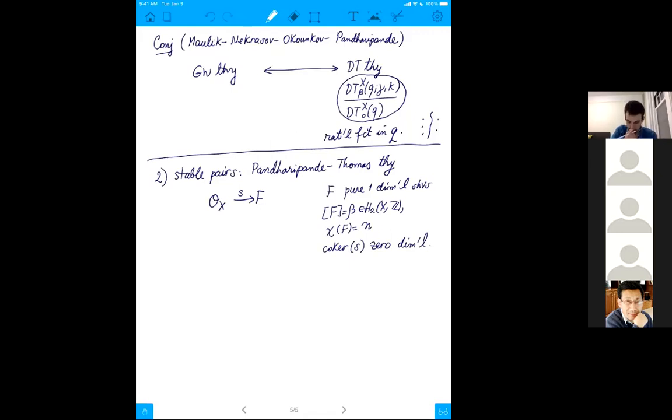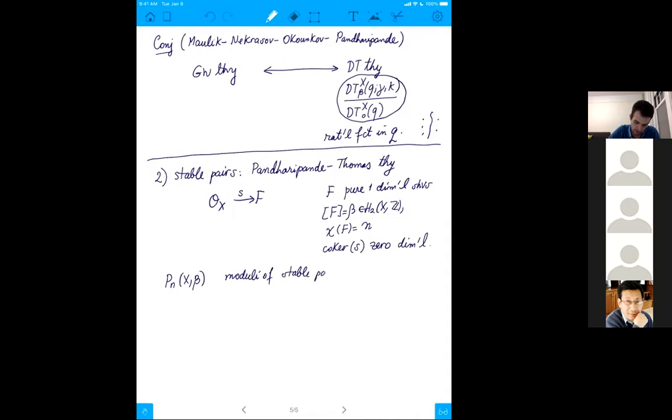And so initially we had ideal sheaves, which were surjections from O_X onto the structure sheaf of a subscheme. So here we have these other complexes, and they can also be characterized as surjections, but not in the abelian category of coherent sheaves, but in a different abelian category called the tilt. Okay, so I'll denote this P_n(X, beta). This is a projective scheme, the moduli of such stable pairs.